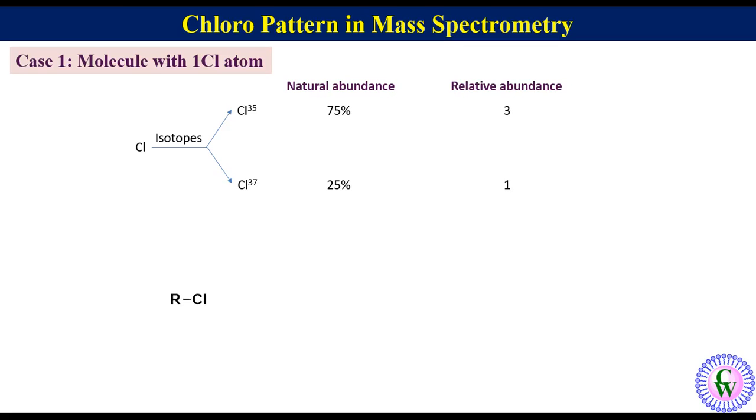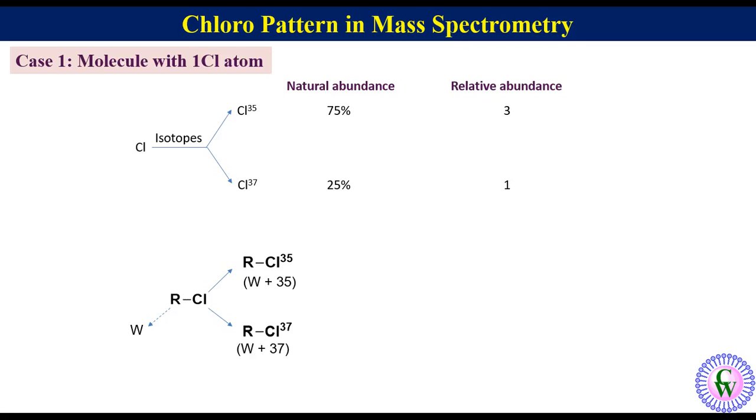Suppose we have a molecule RCl with one chlorine atom in it. If the mass of the R group is W, then there will be two types of molecules: RCl35 with molar mass W plus 35, and RCl37 with molar mass W plus 37.